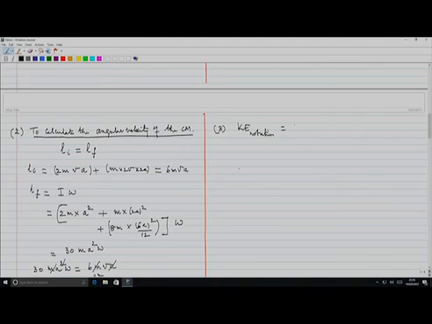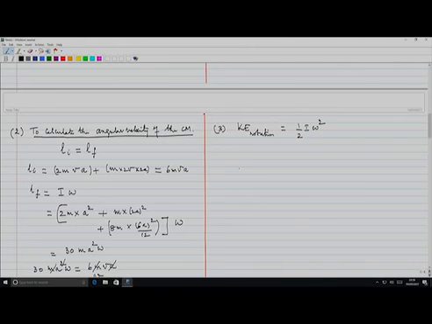What is the expression? Even if you don't remember, if you remember linear motion, you can try to write it down. In linear motion, the expression for kinetic energy is half mv squared. Here, the role of mass is taken over by moment of inertia, and then angular velocity squared.